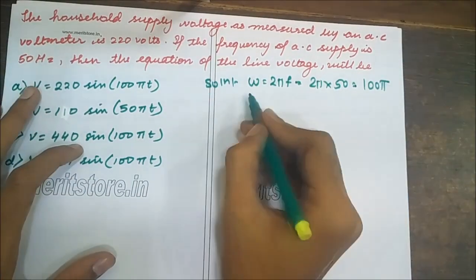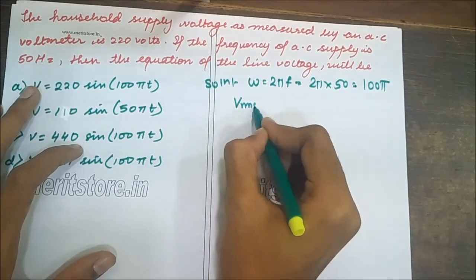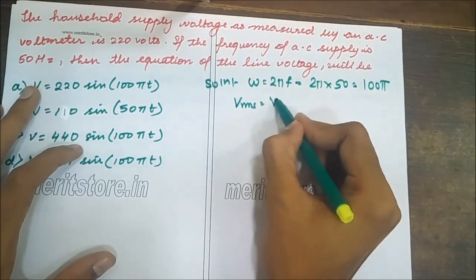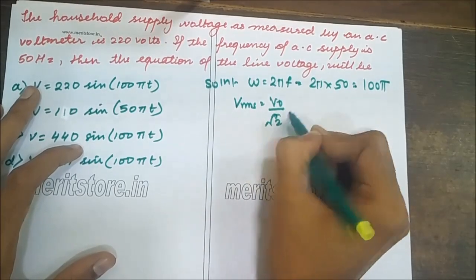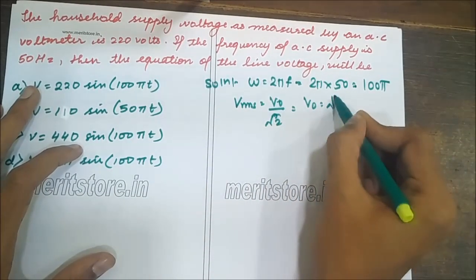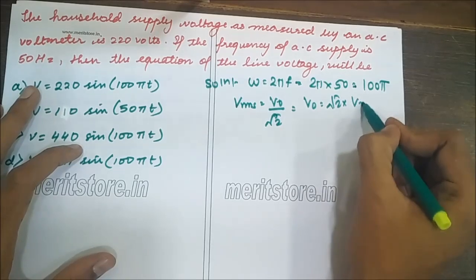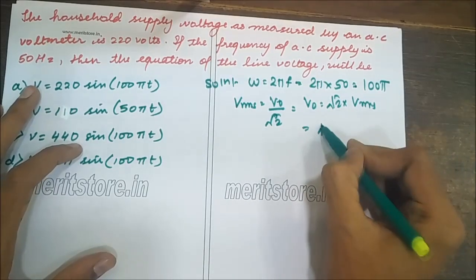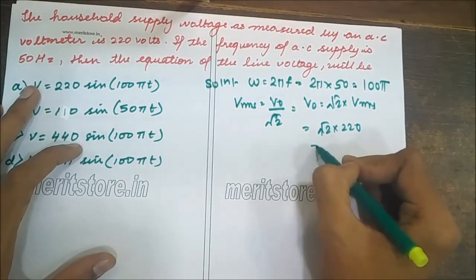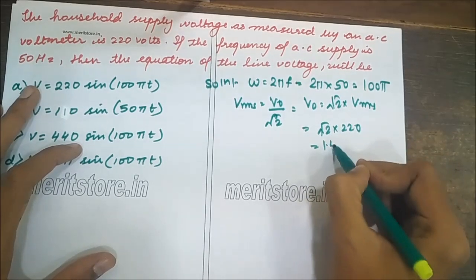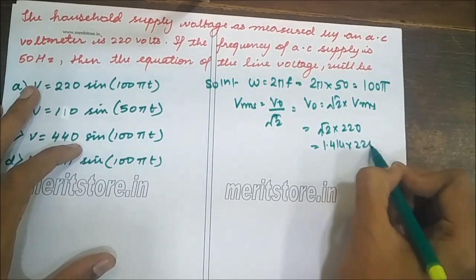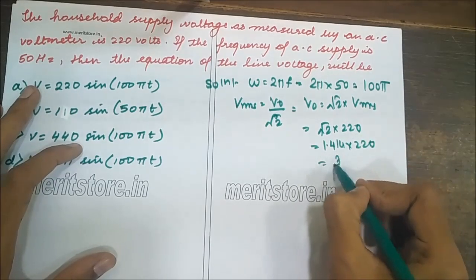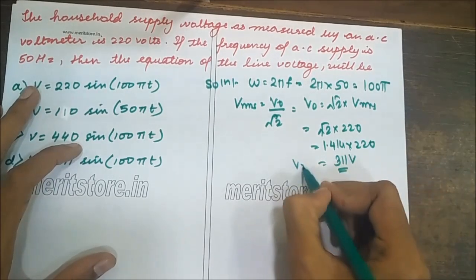Next, V RMS, the root mean square voltage, is given by the peak value upon root 2. So V naught is root 2 multiplied by V RMS, which is 220 volts. Root 2 is 1.414 multiplied by 220, so this gives you the value 311 volts.